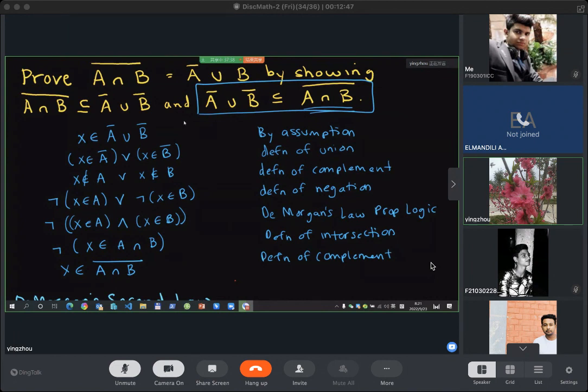X is a subset of the right. Now from this subset definition, to show the subset of the right means if and only if for all x, if x belongs to the left.